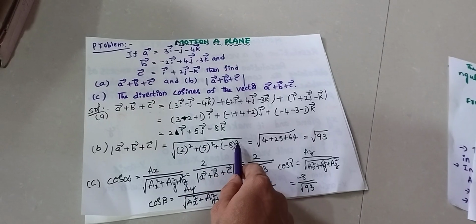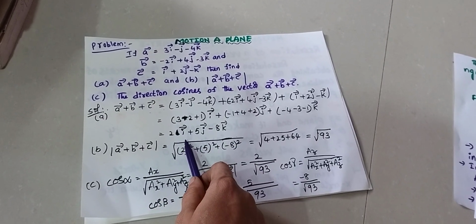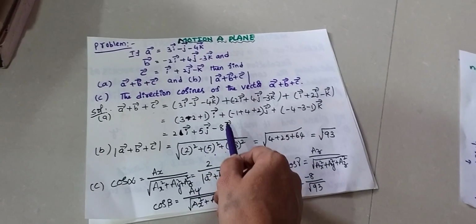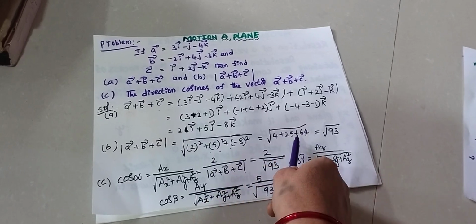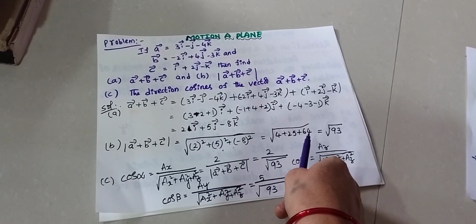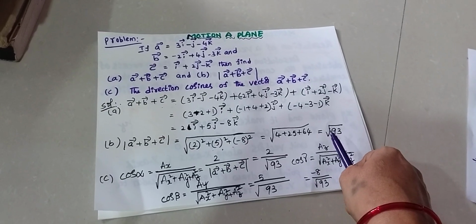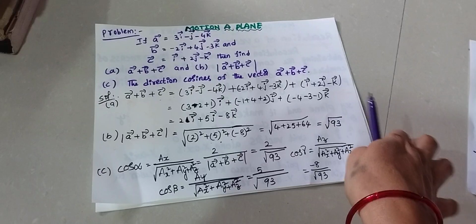Here the resultant vector gives root of 2 whole square plus 5 whole square plus minus 8 whole square. 2 square means 4, 5 square means 25, minus 8 square is plus 64, since minus into minus is plus. So the resultant vector magnitude is root of 93.